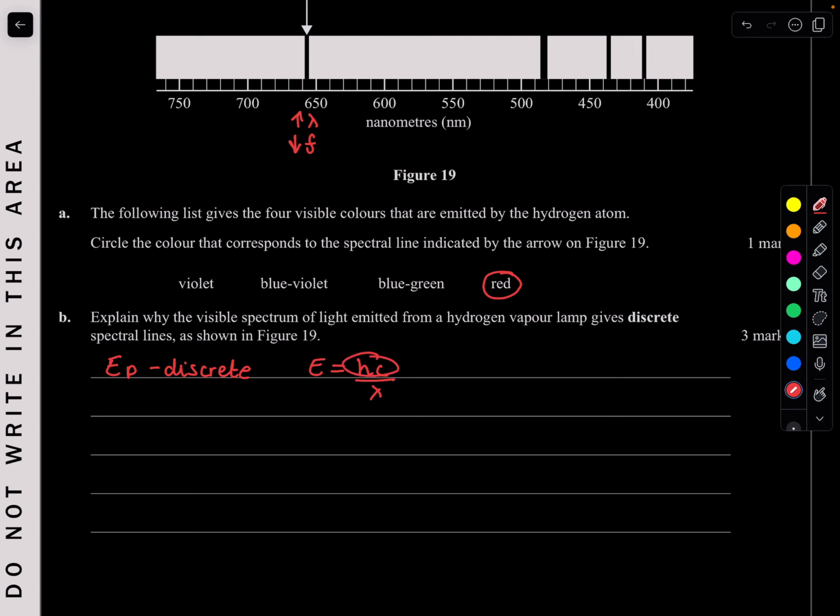This is a constant, so if the energy is discrete, the wavelengths are discrete too. So we only have certain discrete wavelengths of light.